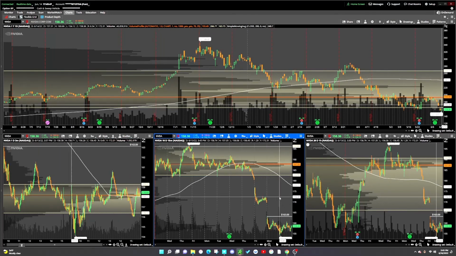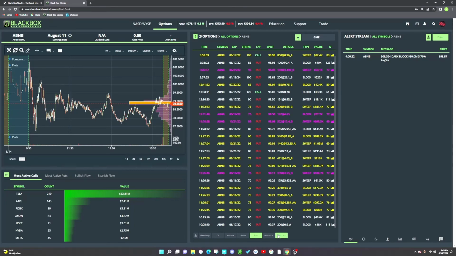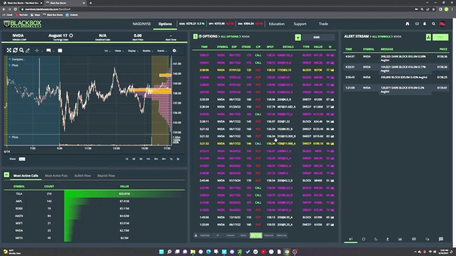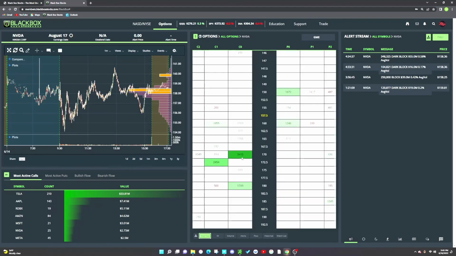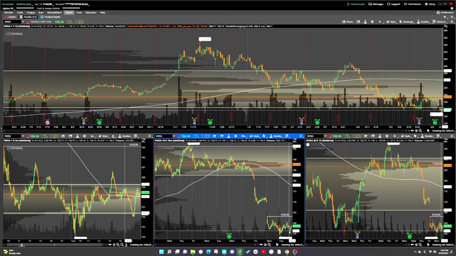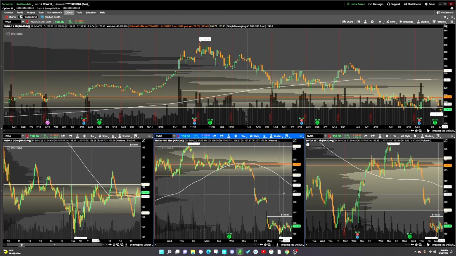163.09 will trigger those calls. Let's say we do the 172.5 two weeks out. 163.09 takes it there to the 172.5.